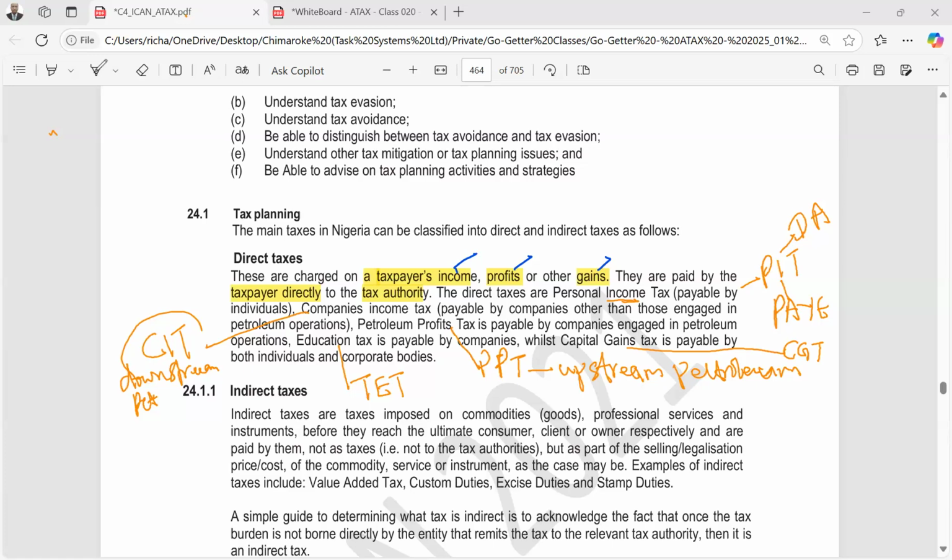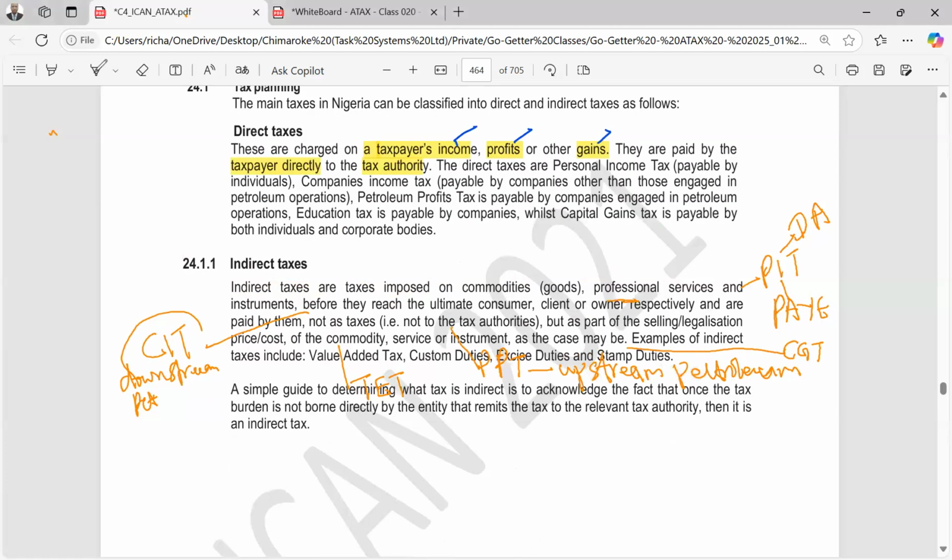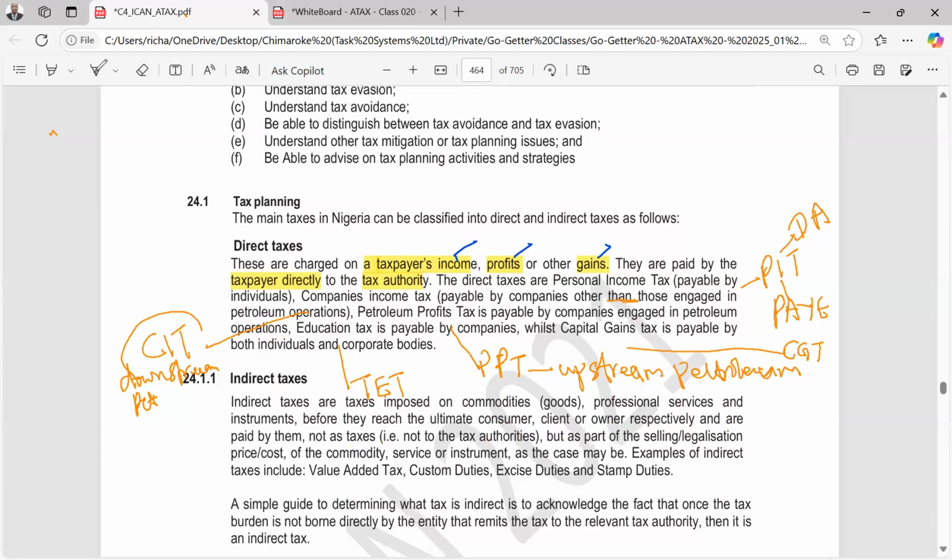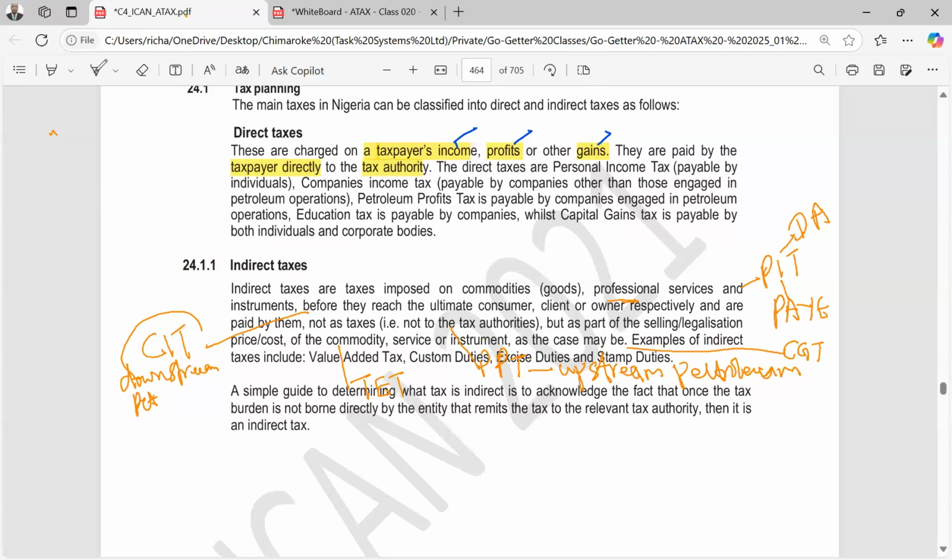What are indirect taxes? Indirect taxes are taxes that are paid. Just a moment. Sorry.